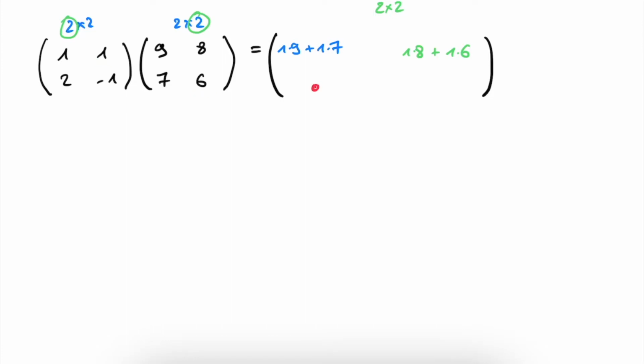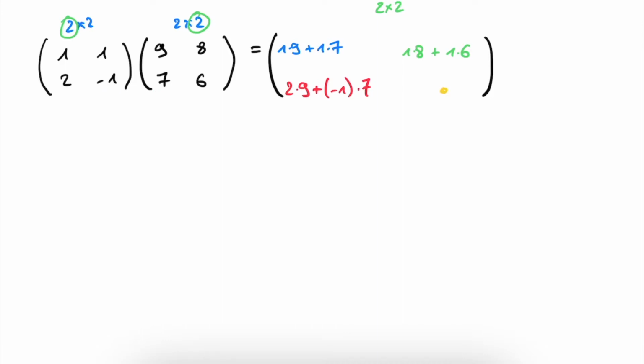Now onto this element on the second row and the first column. So we look at the second row of our first matrix and the first column of our second matrix. And again, we multiply these two and we add the product of these two numbers. And we get the following: 2 times 9, which are these two, plus minus 1 times 7, which is the minus 1 times the 7.